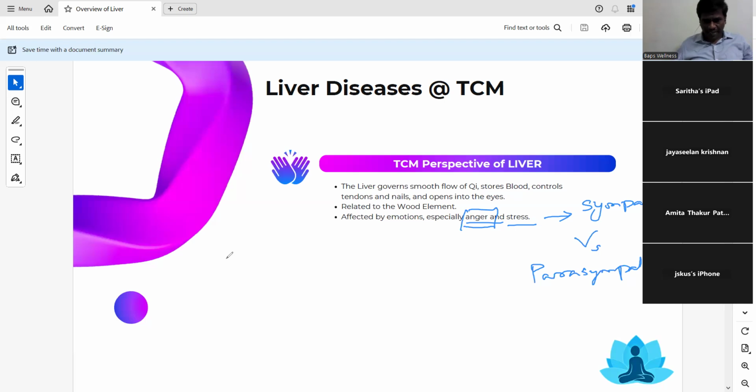Before getting into the patterns, let us first understand again, as we already saw in the last session, there is fire, earth, metal, water, wood.